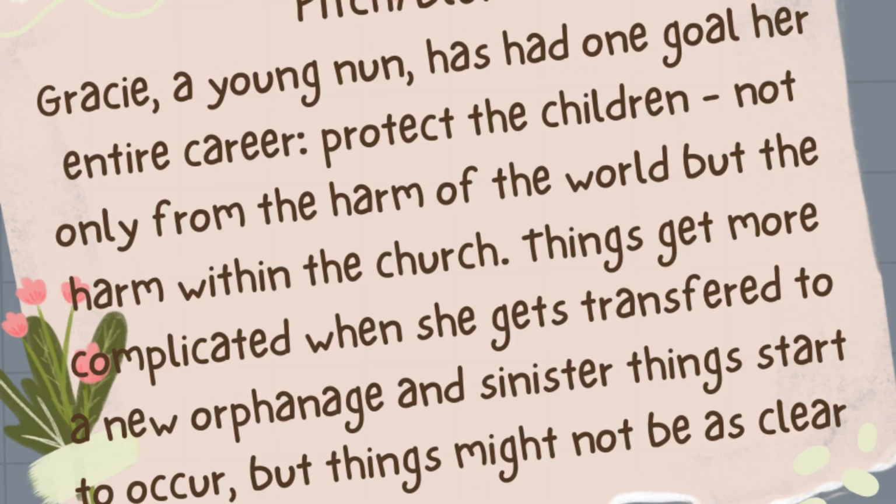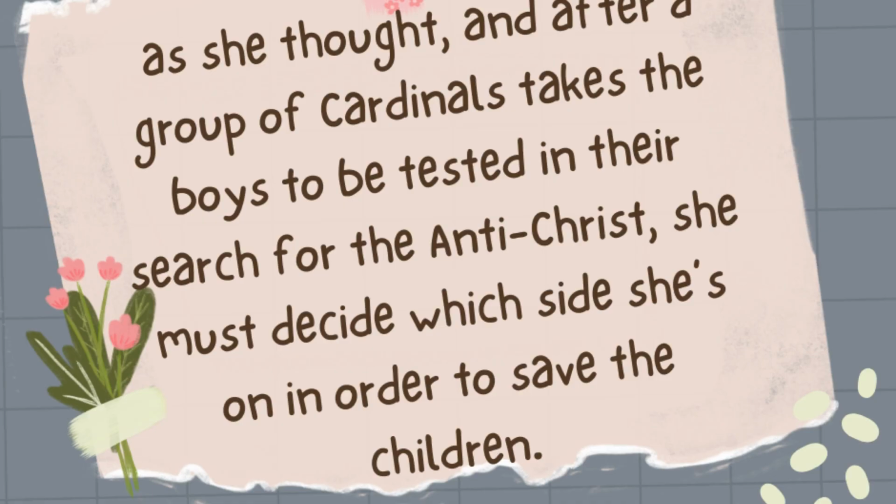Things get more complicated when she gets transferred to a new orphanage and sinister things start to occur. Things might not be as clear as she thought, and after a group of cardinals takes the boys to be tested in their search for the Antichrist, she must decide which side she's on in order to save the children. Okay, now back to past Ray.